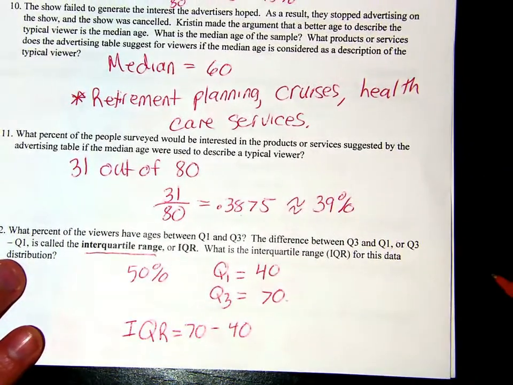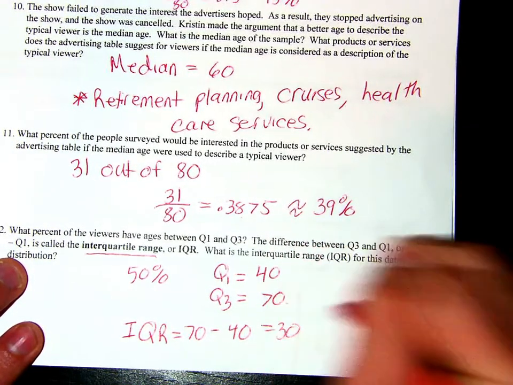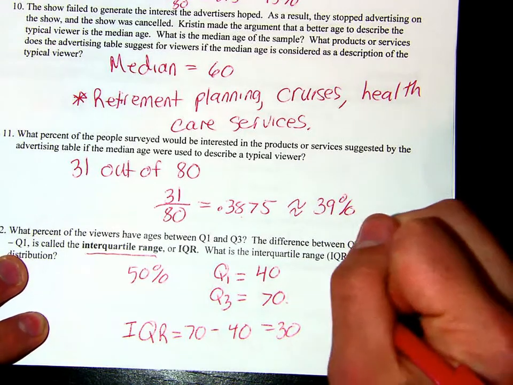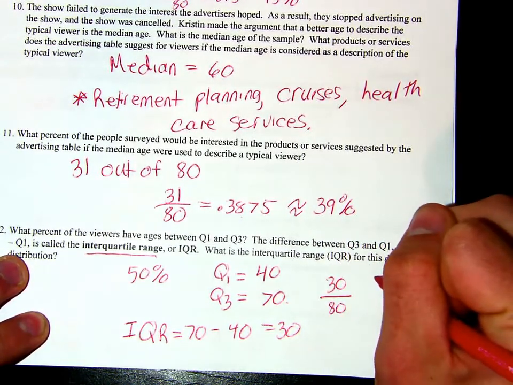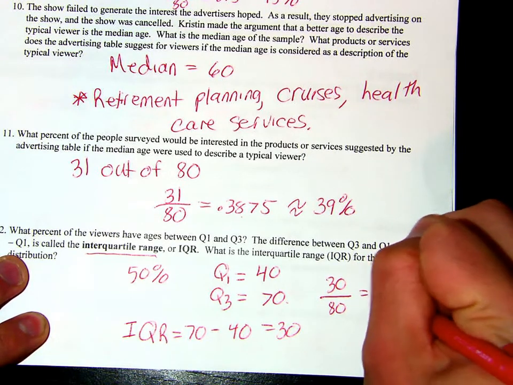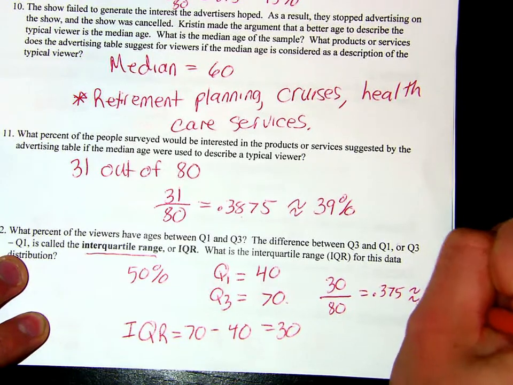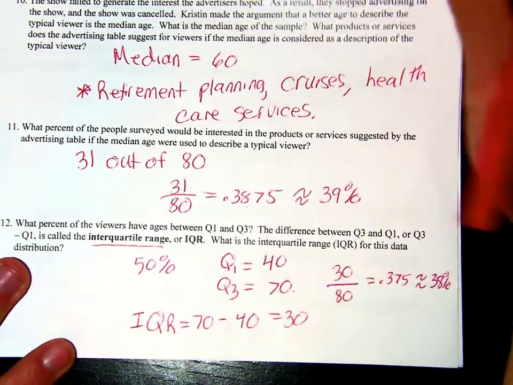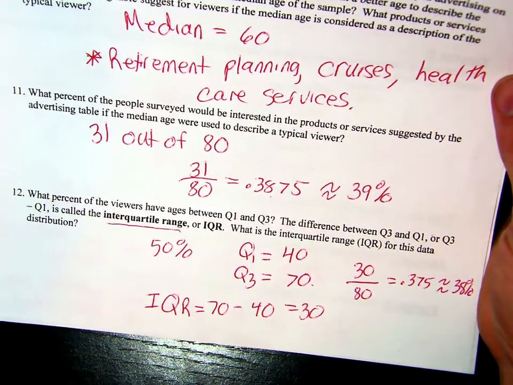So it would be 70 minus 40, which is equal to 30. Then we have 30 people out of 80, which is equal to 0.375, which is approximately equal to 38%. So we know that 38% of the viewers will be between quartile 1 and quartile 3.